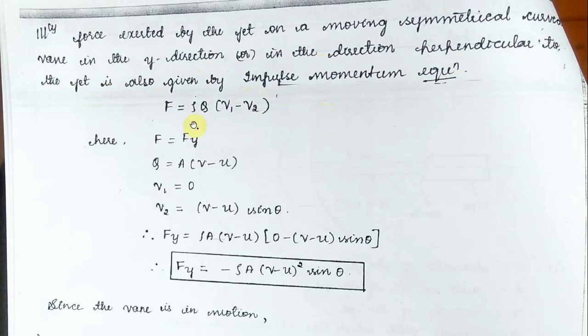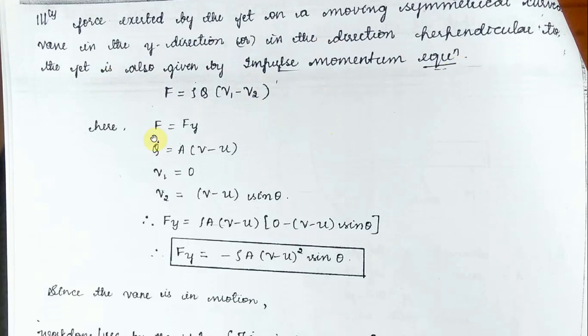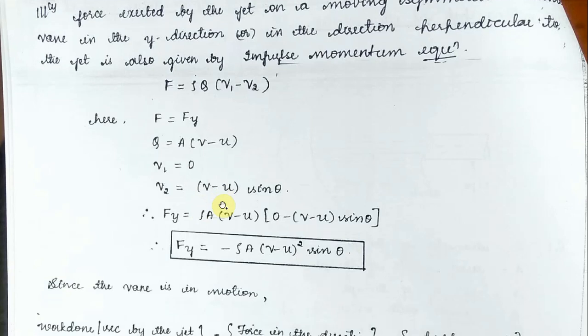Therefore force in the y direction is F_y = rho Q (V1 minus V2). Here Q = A(V minus U), the initial velocity V1 = 0, and the final velocity V2 = (V minus U) sin theta, the vertical component.